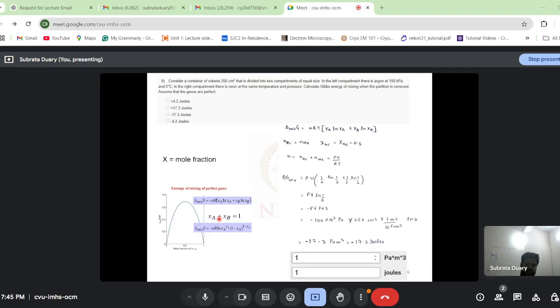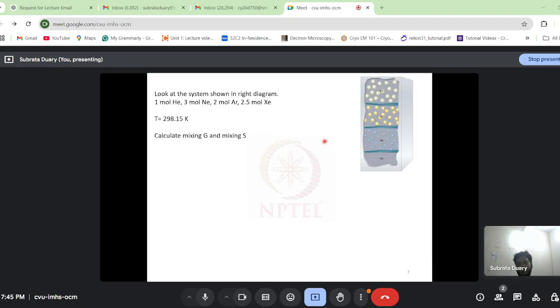Now this is the delta S mixing. This is the system where all four gases are separated by boundaries. Now you mix them, and from there you have to calculate the value of delta G mixing as well as delta S mixing. These questions are very important.